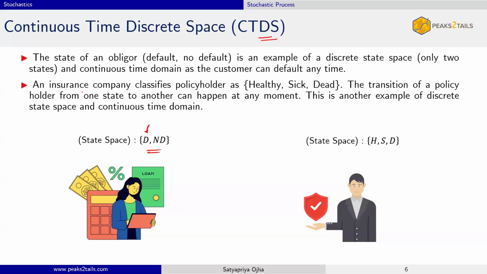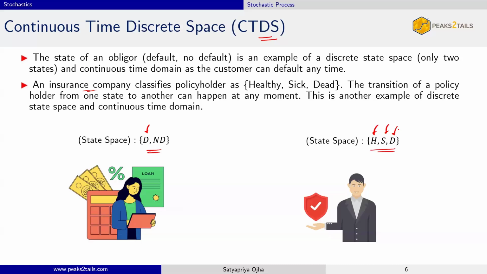Another example would be for insurance companies. When they sell a policy and you pay the premium, you are the policy holder. Insurance companies will see the policy holder as somebody who has three states: healthy, sick, dead. If you're healthy, then they are just earning premium.